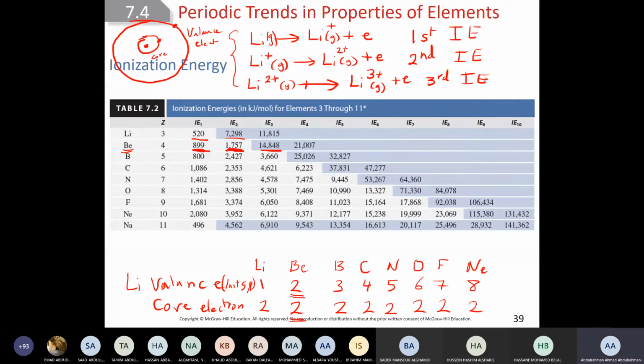Okay, tell me why. Because taking the first electron is 899. Which is harder to take, Be or lithium? To take the electron from Be or lithium? Be. Why?